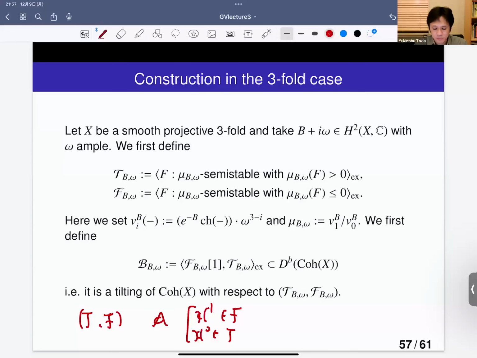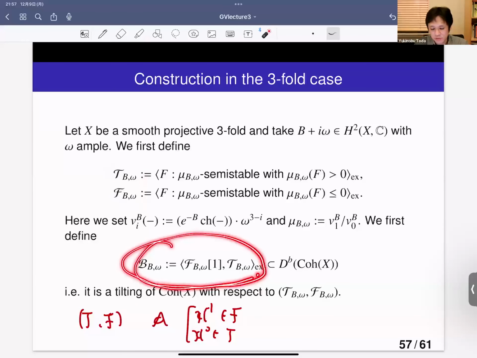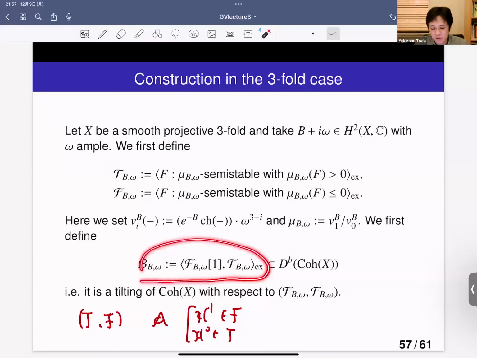This one gives the example of such a torsion pair, and using this torsion pair, we can define a heart of t-structure. This is called the tilting of the category of coherent sheaves.